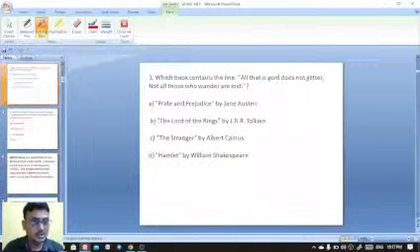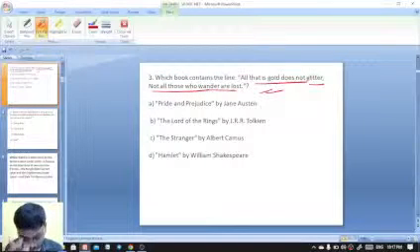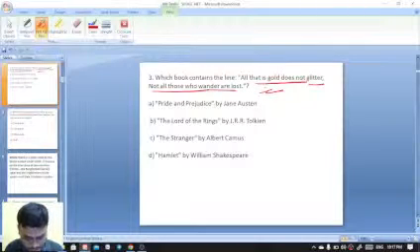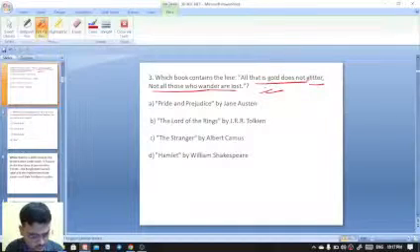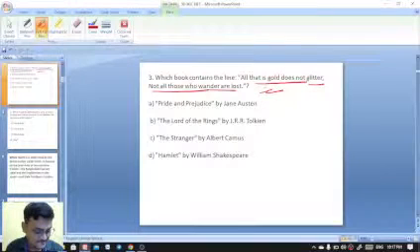Next question. Which book contains the line that all that is gold does not glitter? Not all those who wander are lost. Okay, then your guessing power is very powerful actually.